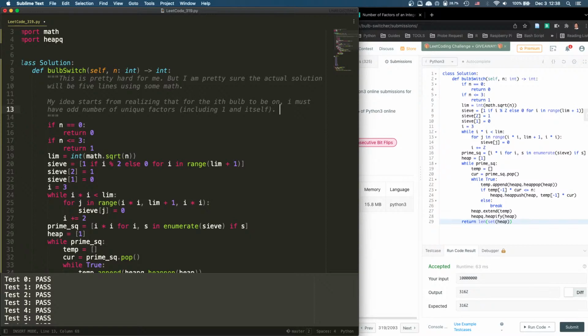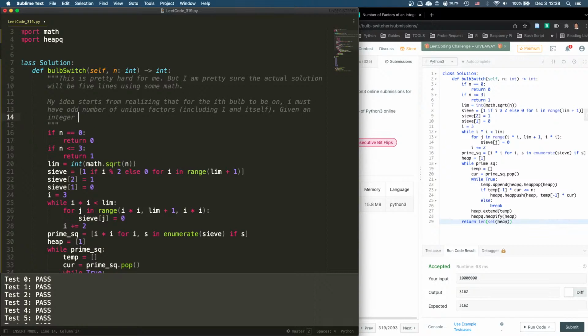Given an integer n equals to, let's say, p to the a times q to the b times r to the c, where p, q are prime numbers.